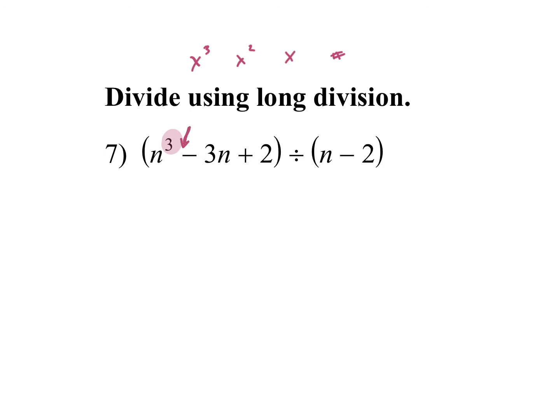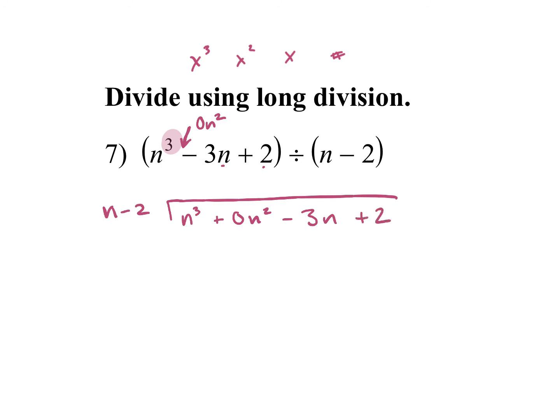What are we going to put there? We put a 0n squared, because now we have an n squared. So we have to use that as our placeholder. And then we have just an n and a constant, so we're good. Now we have every term represented. N minus 2 goes on the outside, and the long one goes on the inside. So n cubed plus 0n squared minus 3n plus 2.